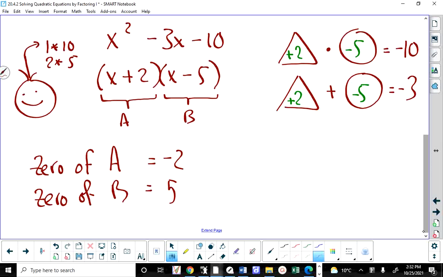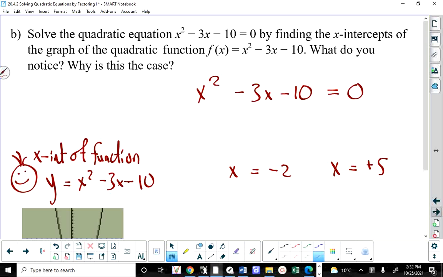So what we notice, and just hold off on writing too much right now, is that the solutions to this equation can be thought of as the zeros of this equation. Maybe we'll try something. Do me a favor, take your calculator. Put negative 2 in for x.